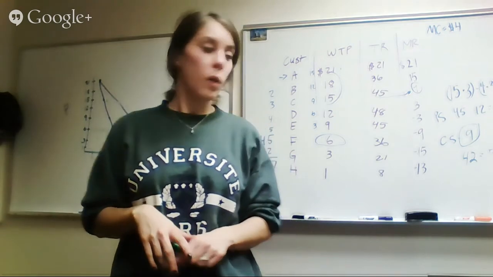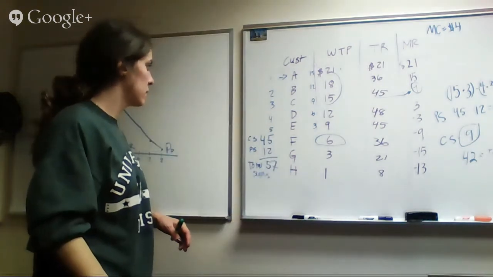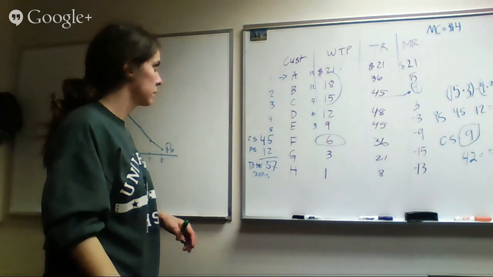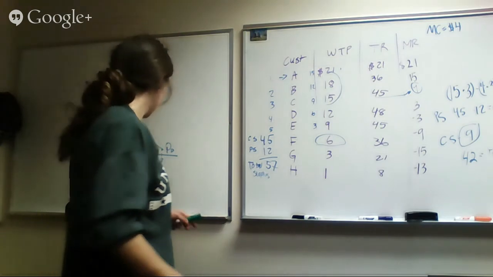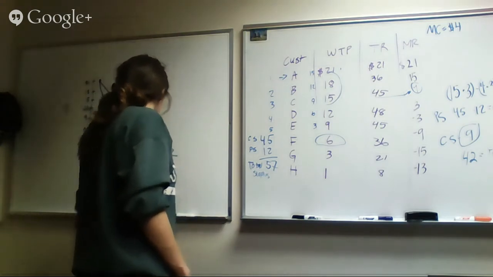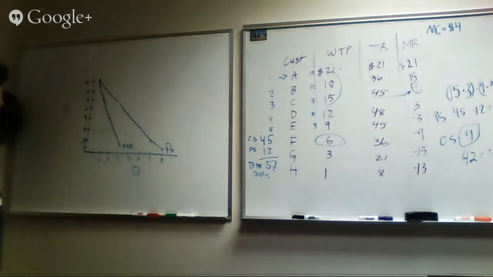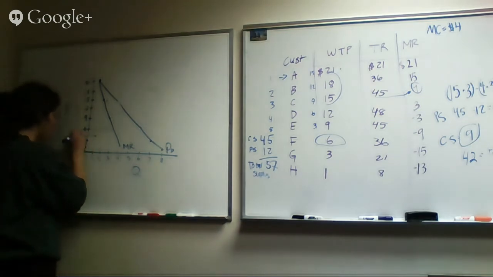Oh, I need to graph supply. So marginal cost is 4, right here.